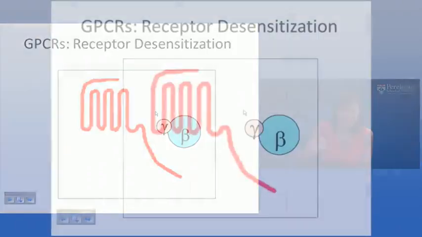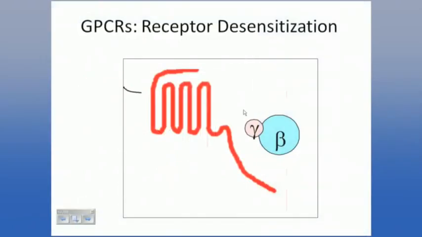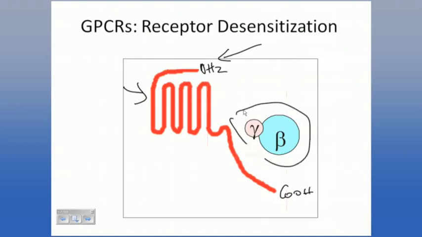So this here, let me make sure I'm on the right color here. This here is your seven transmembrane spanning domain. This is your NH2 terminal, and this is your carboxy terminal here in the cytoplasm. Upon binding of the ligand to the NH2 terminal of the receptor, it activates the receptor, and here you can see dissociation of the beta and the gamma subunit having occurred.